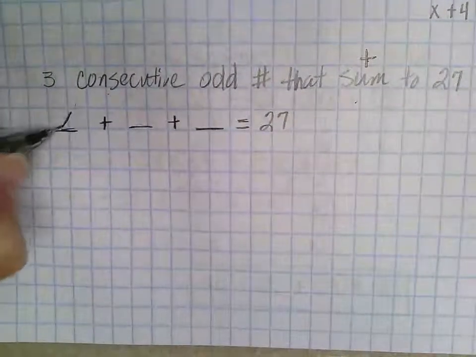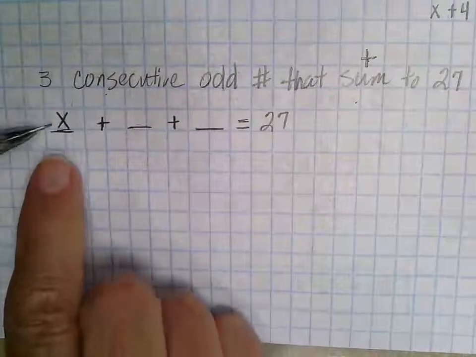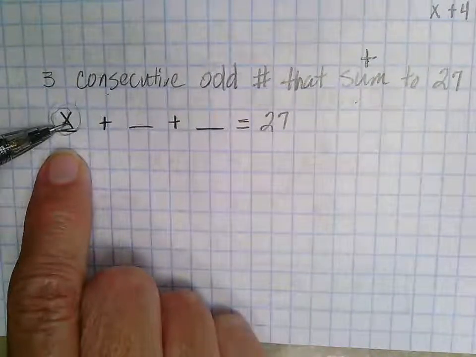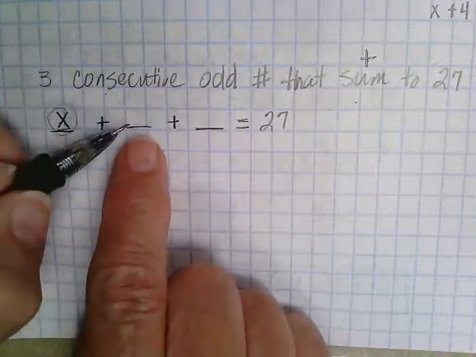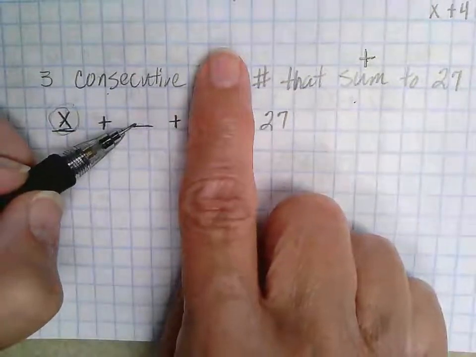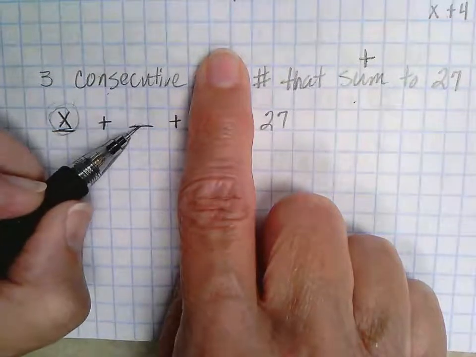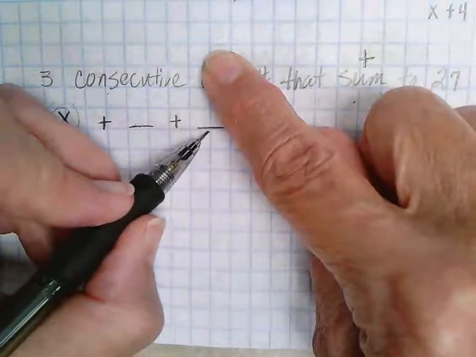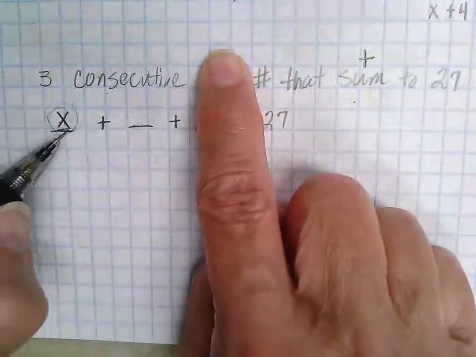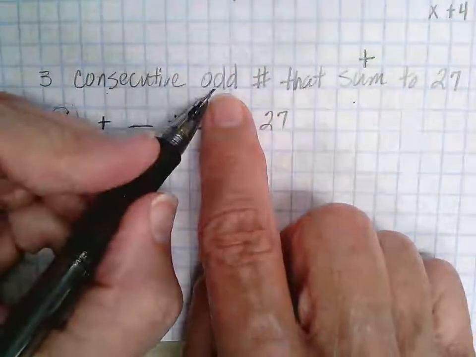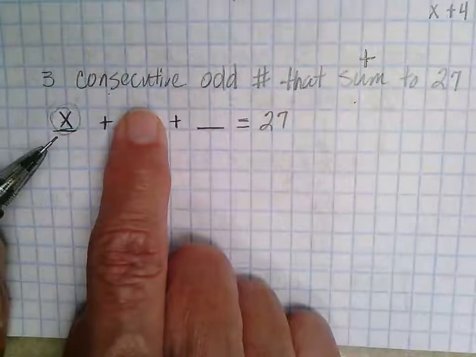So again, my first number is always x. Always, always, always, and forever, you're going to start with x. And if we were just doing consecutive numbers that sum to 27, this one would be x plus 1, and this one would be x plus 2. But remember, we're skip counting. We're going by odd numbers, so we're skipping that one.